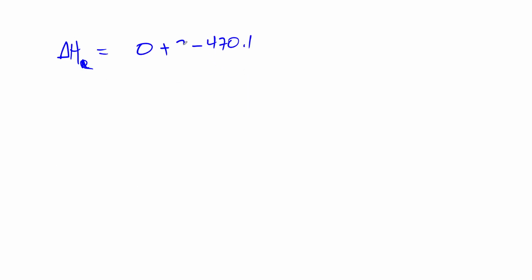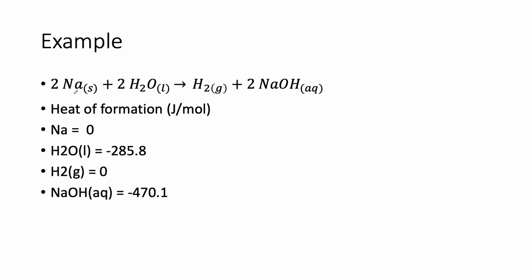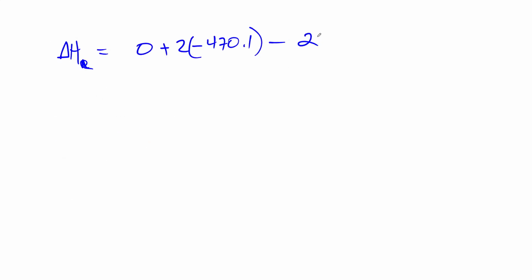So this is going to put a 2 in front of this. Minus 2 Na, well, sodium's 0, so we don't have to worry about that. So we've got 2 waters. So minus 2 times 0, minus 2 times water, which is minus 285.8. And now we're going to figure out what the heat of reaction is when this occurs.